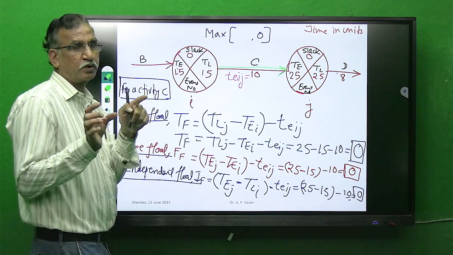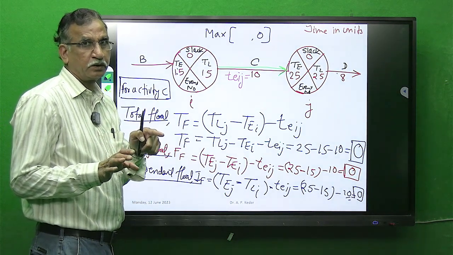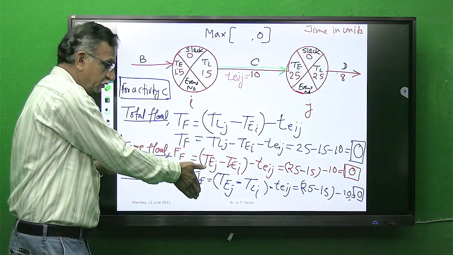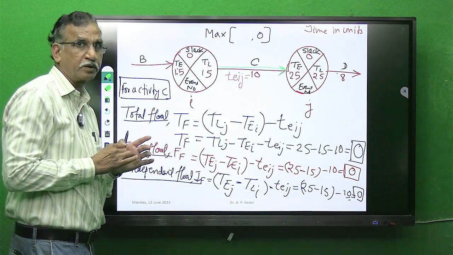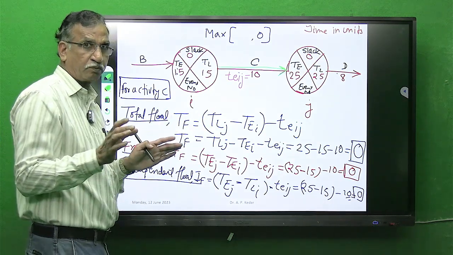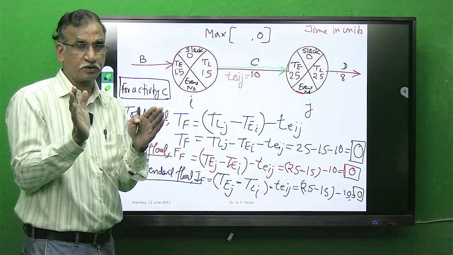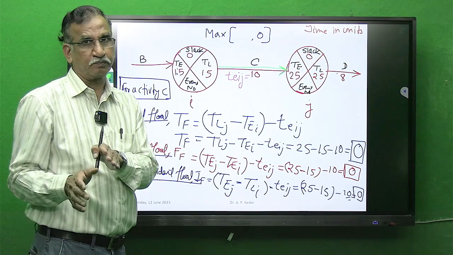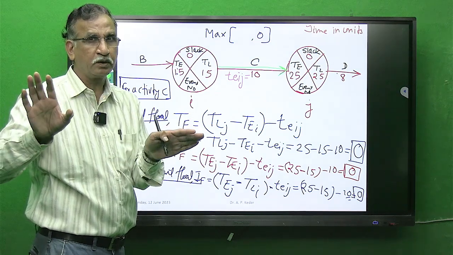This is for remembering purposes. This aspect is technical, but how to remember? For free float, every time you have to find the difference, first gap, and gap minus activity time. Minus activity time is common.